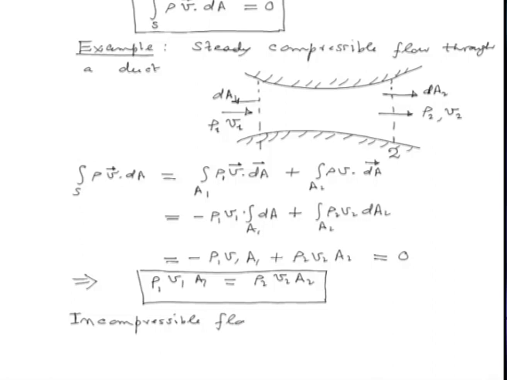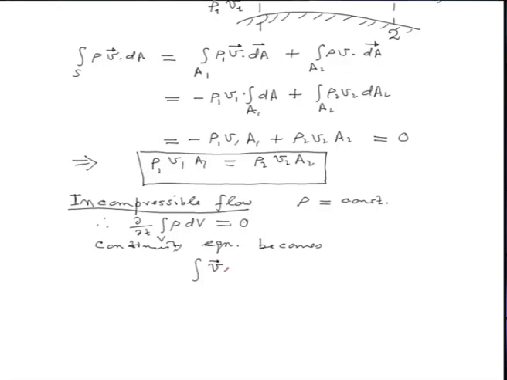In the case of incompressible flow, density is constant, that is to say it does not vary with time, and hence our del by del t of the integral of rho dV becomes identically 0, and the simplified form of the continuity equation becomes the integral of V dot dA over the surface of the control volume is equal to 0.